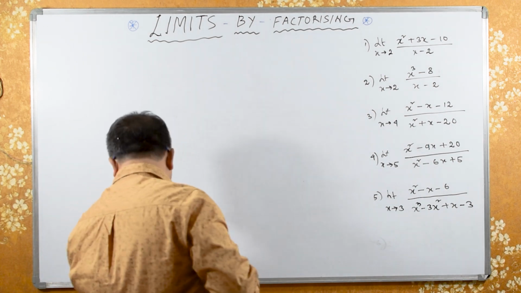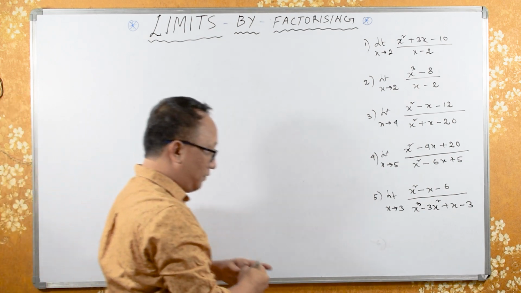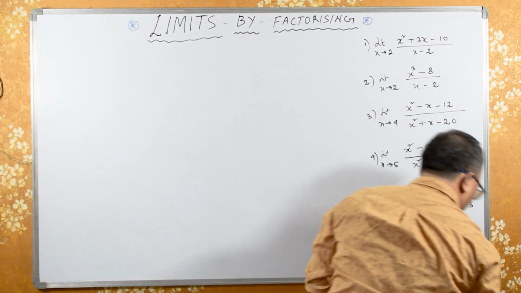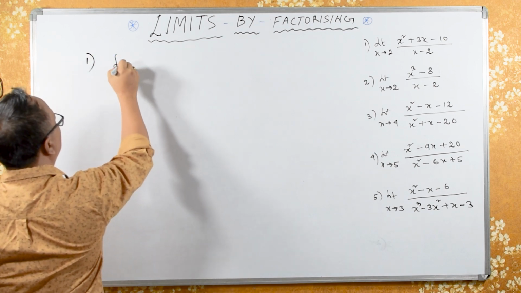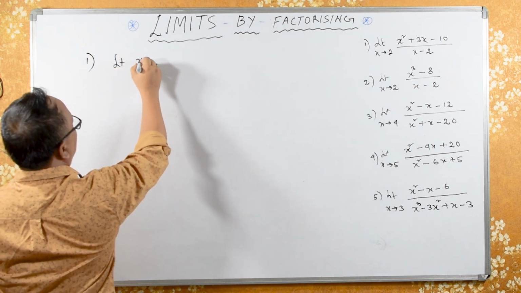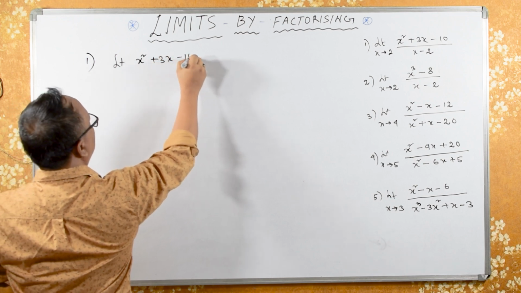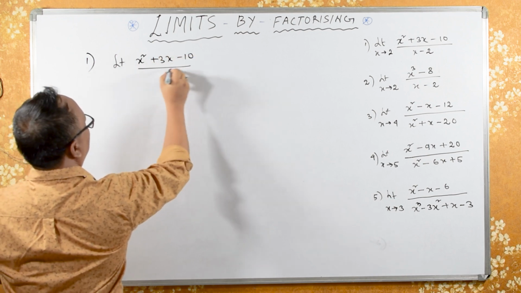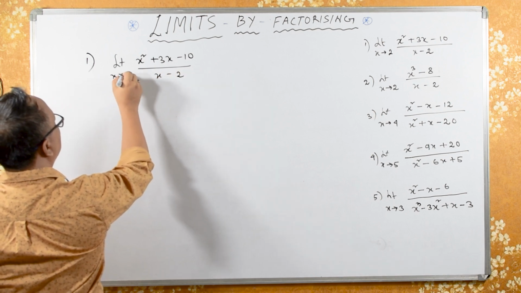Now the first one is the limit of x square plus 3x minus 10 upon x minus 2, where x tends to 2.